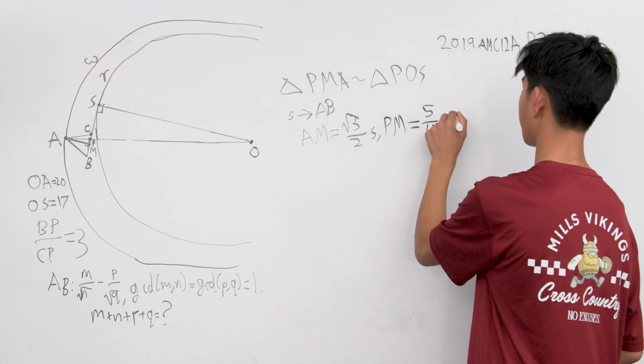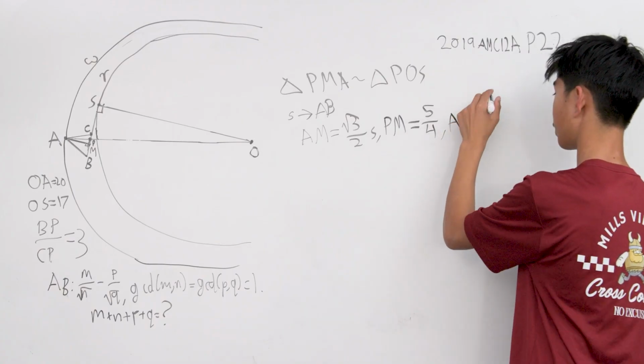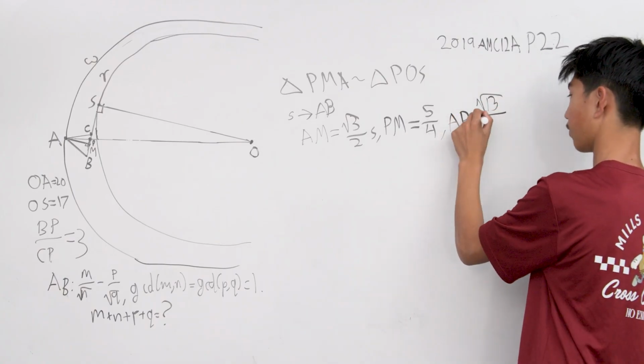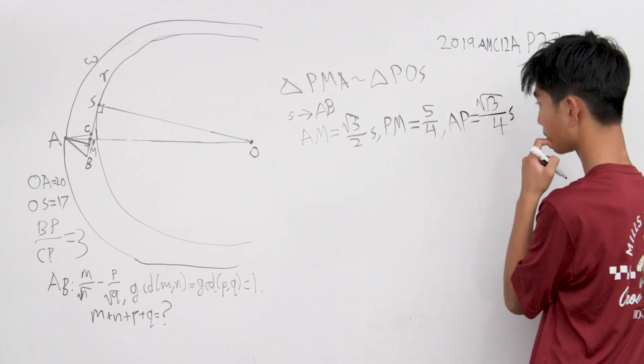And then we have AP, which is root 13 over 4 S.